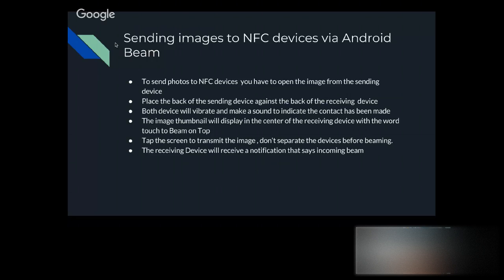The image thumbnail will display in the center of the receiving device with the words touch to beam on top. Now tap the screen to transmit the image from your own device, and don't separate the devices before beaming. The receiving device will receive a notification that says incoming beam.